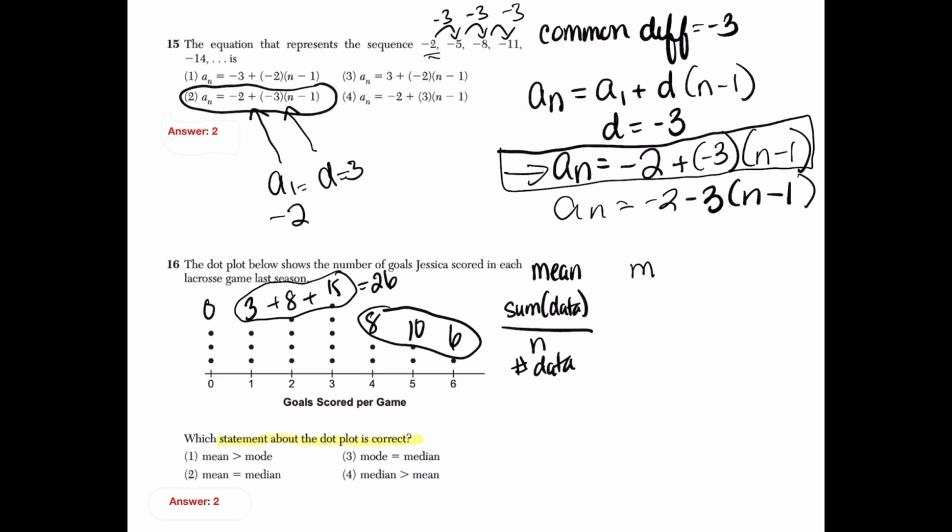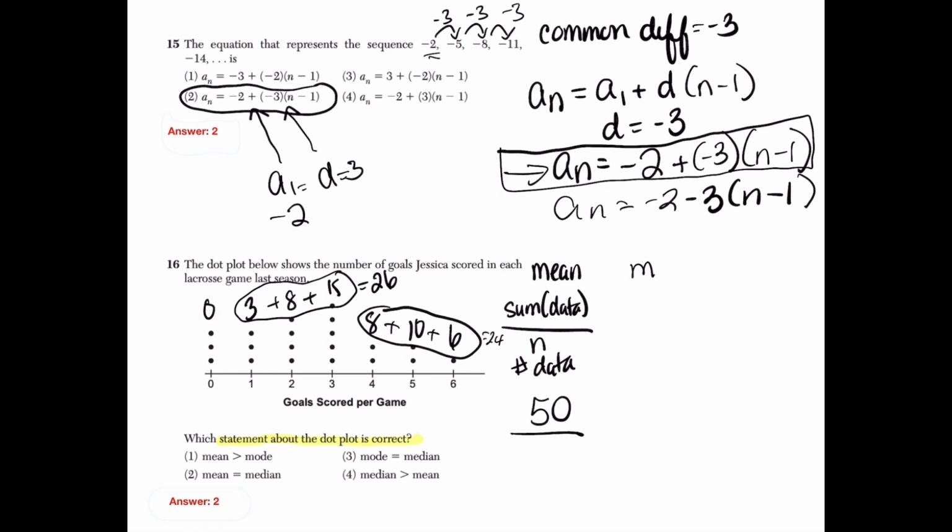And then I'm going to add these here. So 8 plus 10 is 18. 18 plus 6 is 24. So the sum of all of these points is 50. 26 plus 24 is 50. That's all I did. And how many points did I have? So this is where the counting comes in.